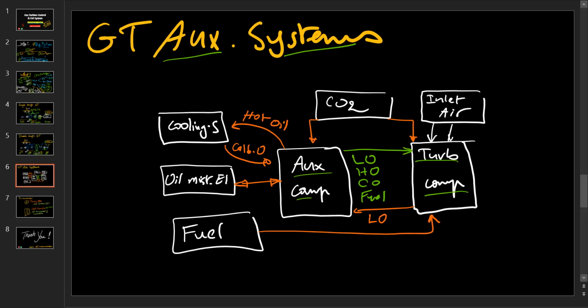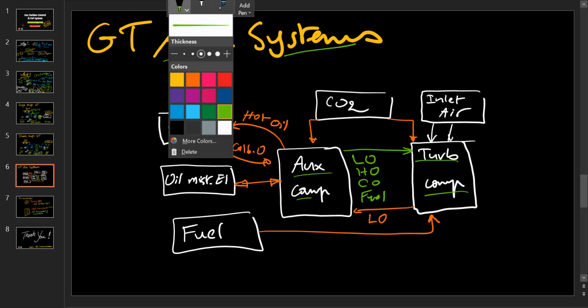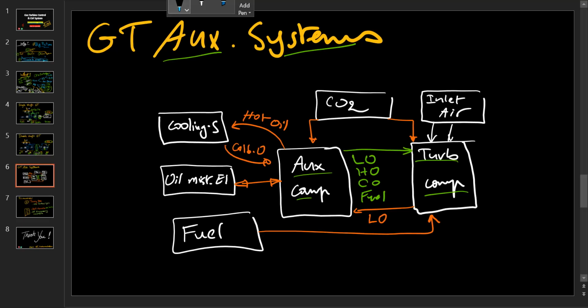If you get to a facility, you will find those two compartments, through which you can see, let me bring a blue color, the lube oil, hydraulic oil, control oil, and fuel going from the auxiliaries compartment to the turbine compartment.